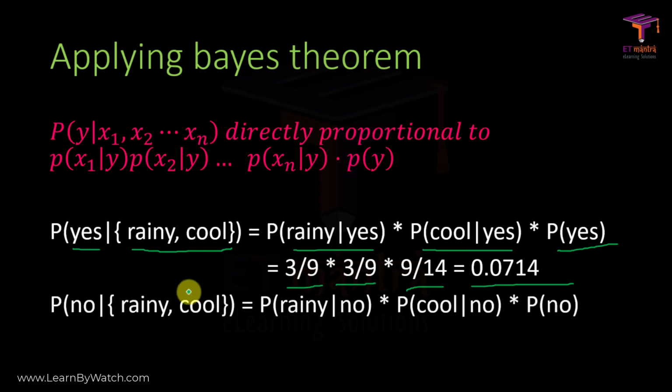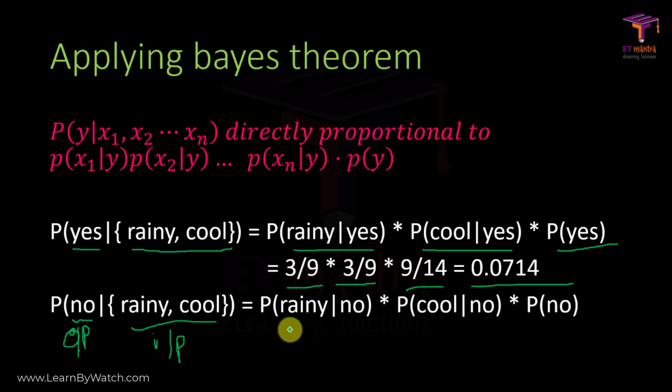Then we will find the probability that the match was not played. Again we fit it into our formula. This no is our output, and this rainy and cool is our input.